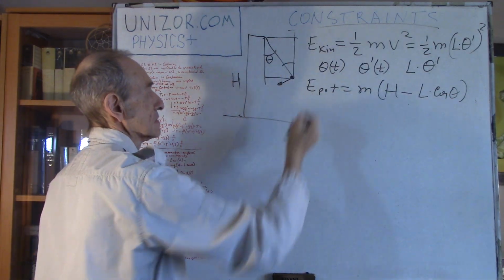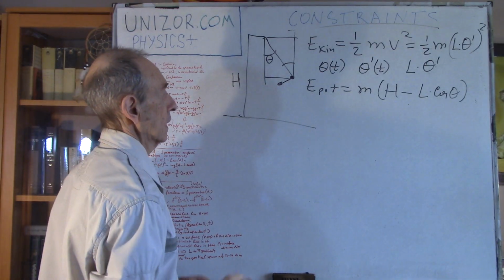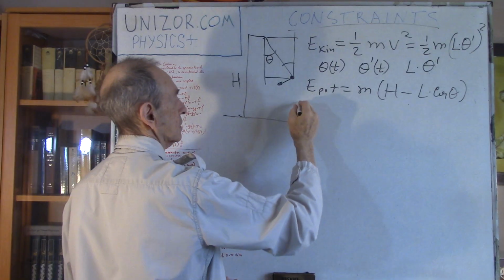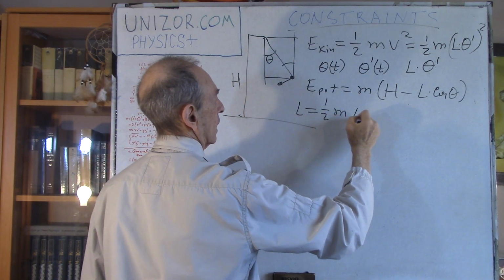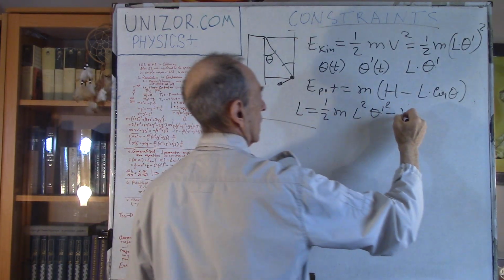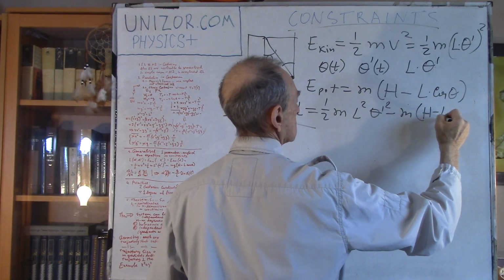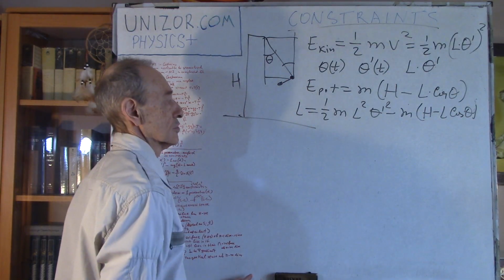Now, the difference between them, a relatively simple thing. And now the Lagrangian is equal to 1/2 m L squared theta prime squared minus m times h minus L cosine theta. So that's the Lagrangian.